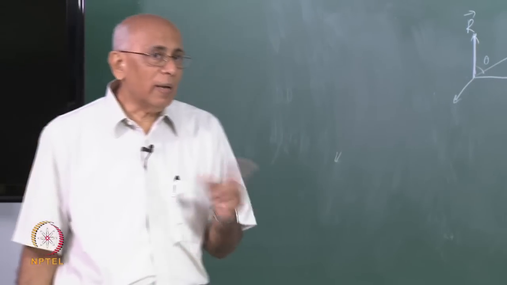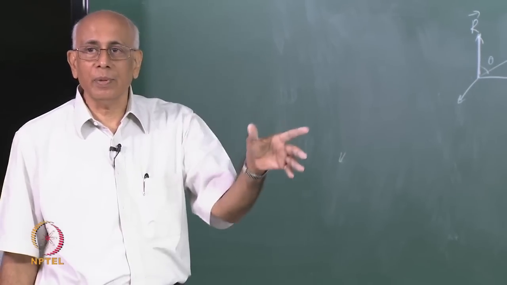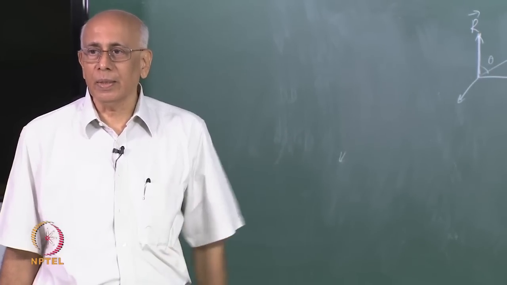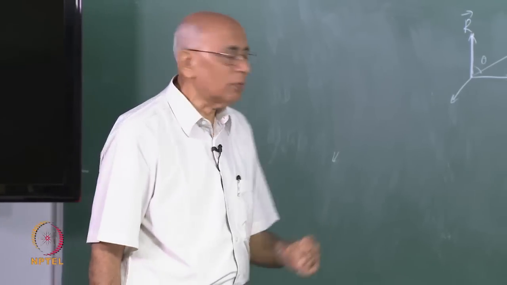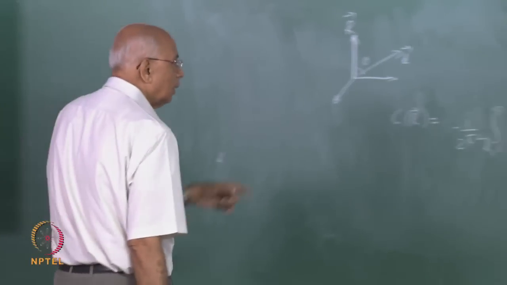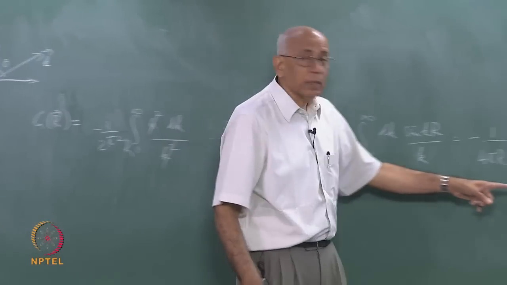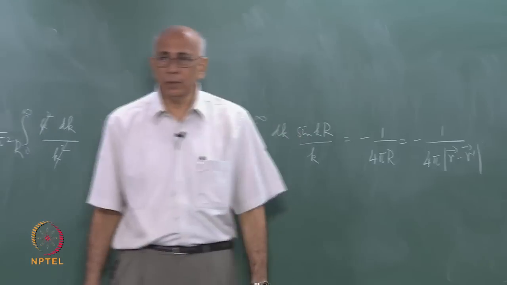In fact you could define the Coulomb potential in an arbitrary number of dimensions as the inverse Fourier transform of 1 over k squared, or as the free Green function of the del squared operator. We will do that very shortly, but I want you to see how this 1 over mod r minus r prime has emerged. Okay.